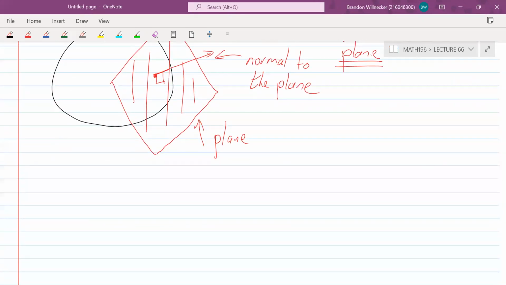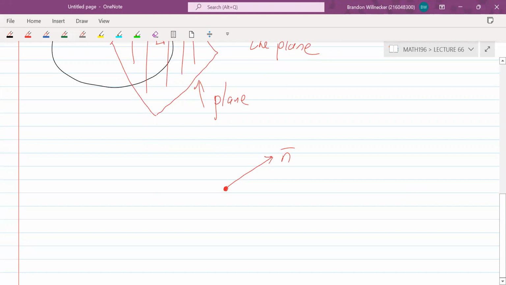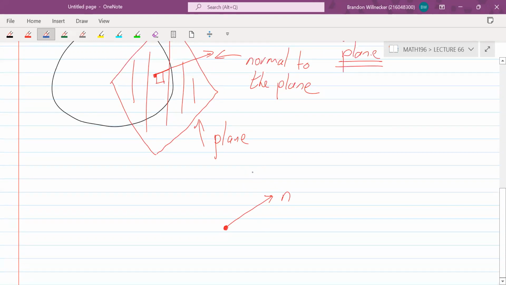For example, if I have this point here in space and I draw this normal, then all of the vectors that are perpendicular to this will make up the plane. So if we have a vector going this way, sorry, a bit difficult to draw this.